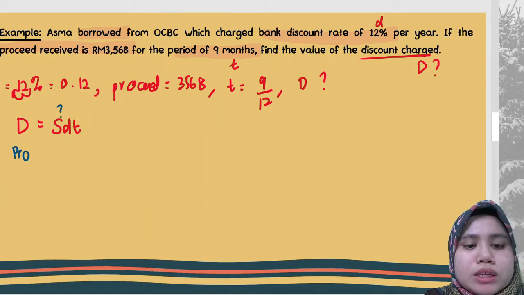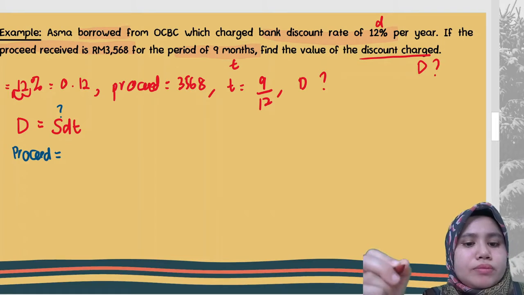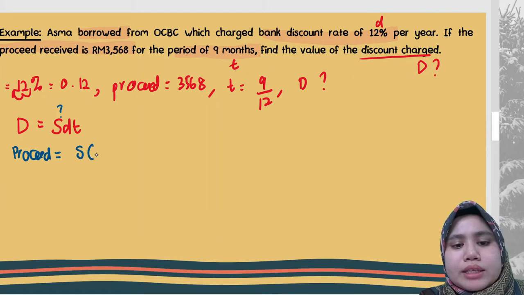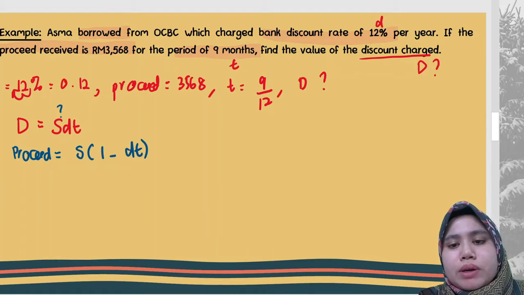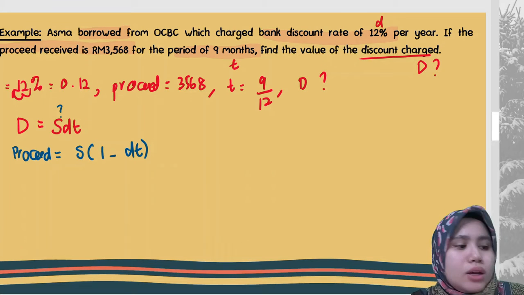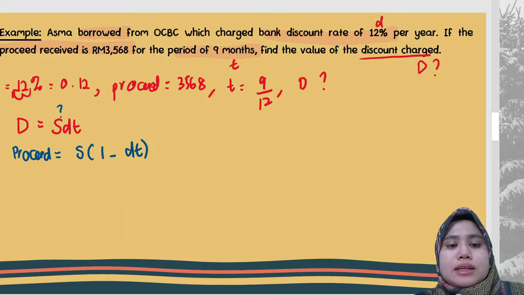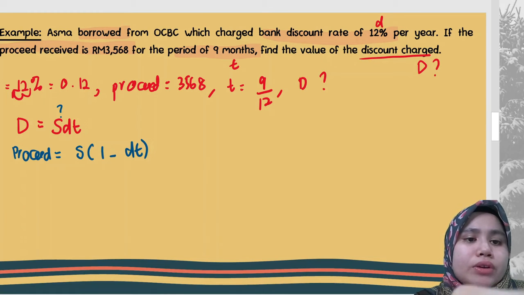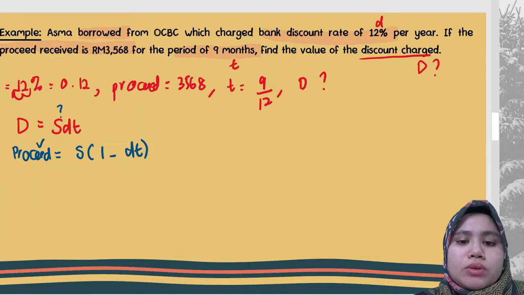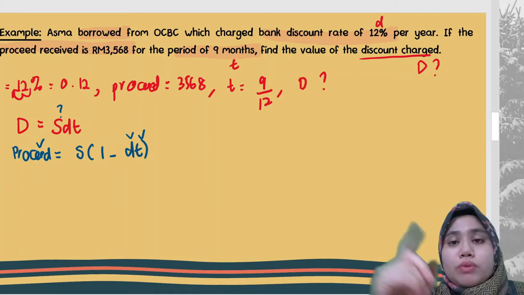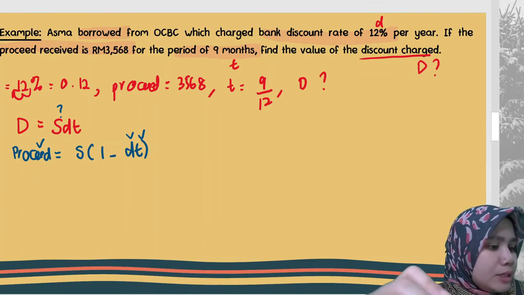We know that proceed is equal to S times (1 minus dT). This is one of our formulas. Again we don't know S, but you have your proceed, you have your d, you have T, so we can find S first. So let's substitute the values.